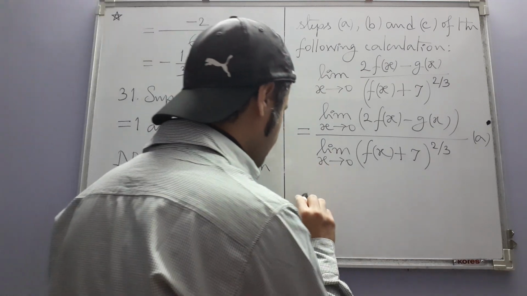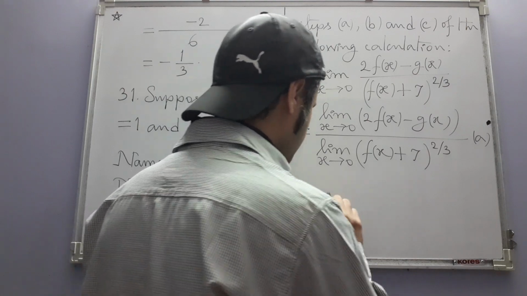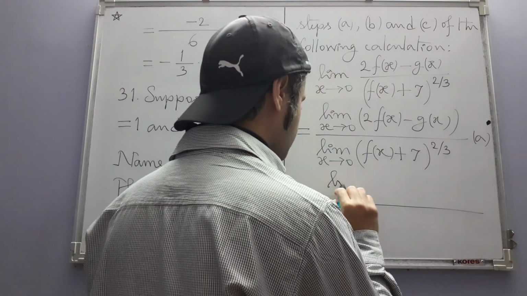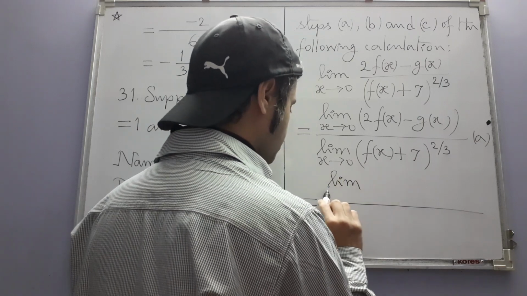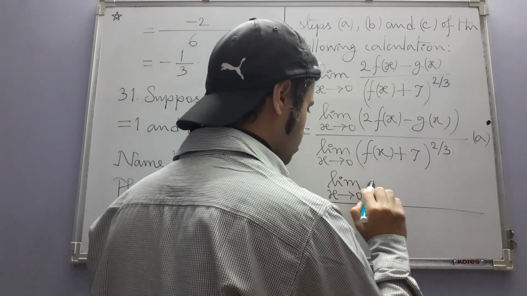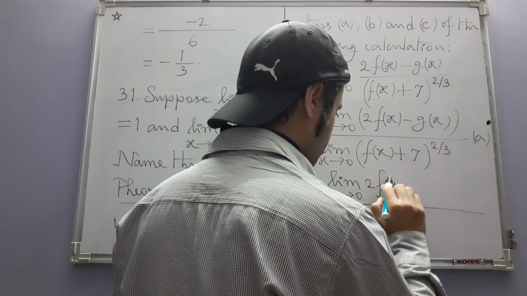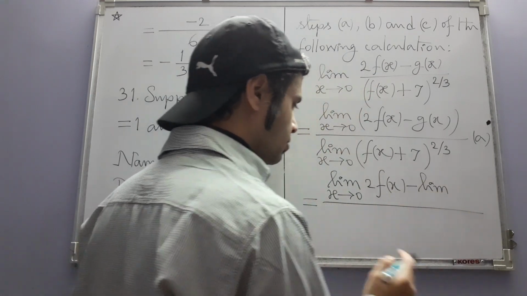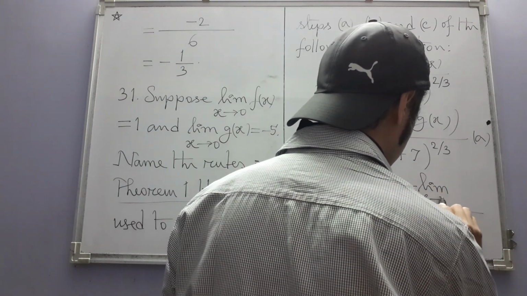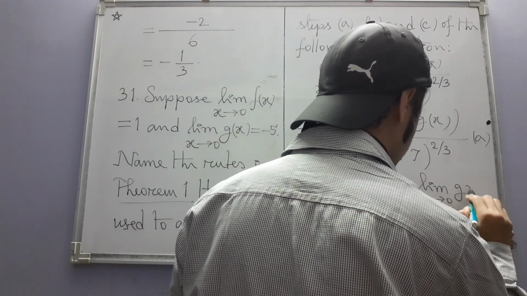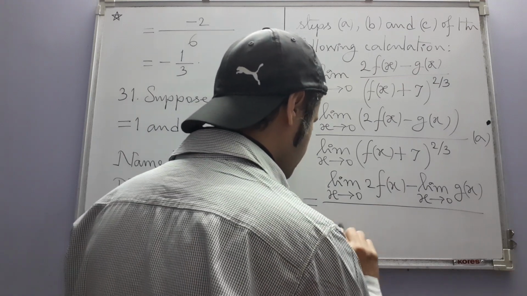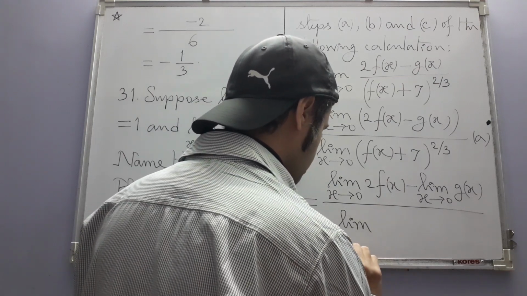Okay. In the next step, the numerator is this, which is what you would normally do if you are to calculate this limit. And then the denominator is this.